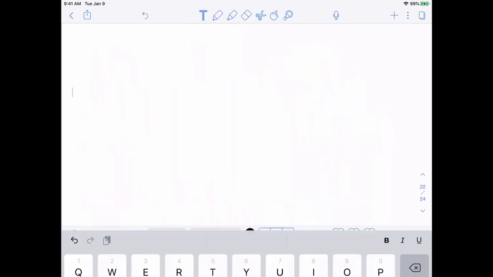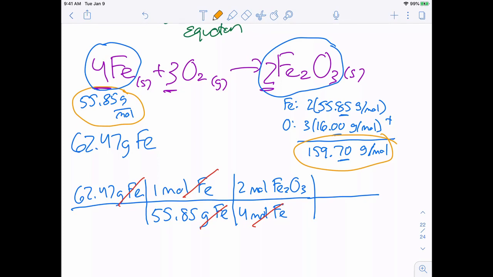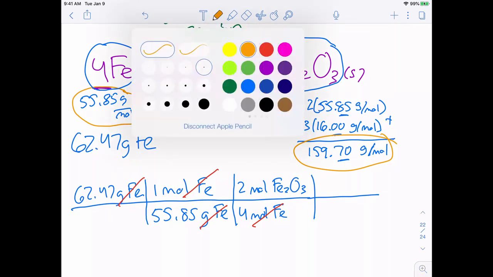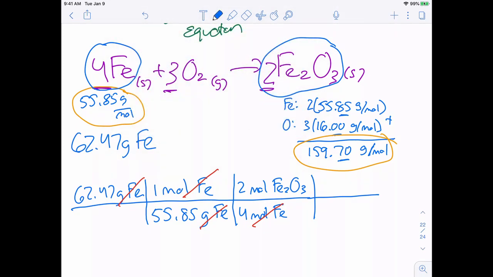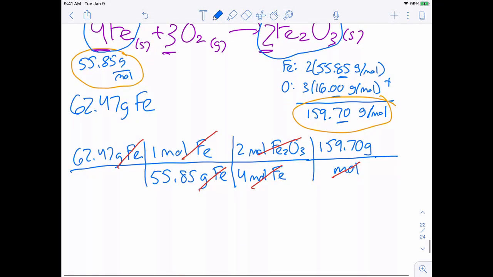So I'm going to use my molar mass of iron(III) oxide. Since moles are on top, the mole is going to go on the bottom. So the 159.70 grams goes on the top, and moles go on the bottom. And moles now cancel. So I'm going to grab my calculator.